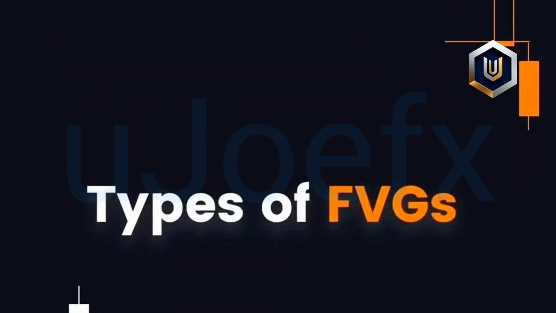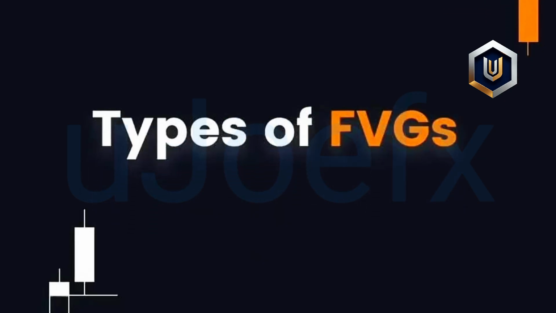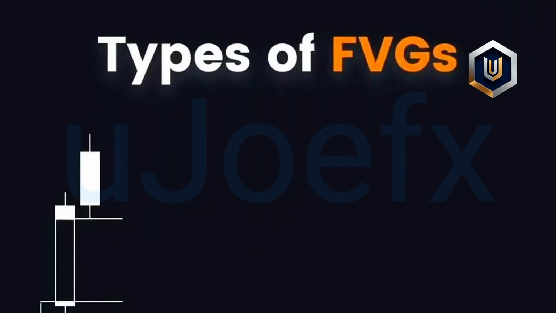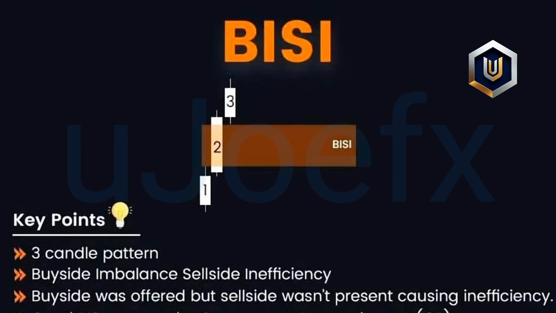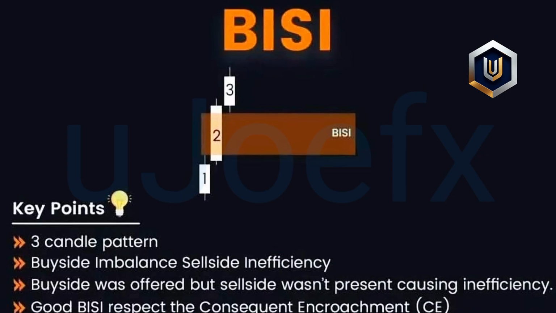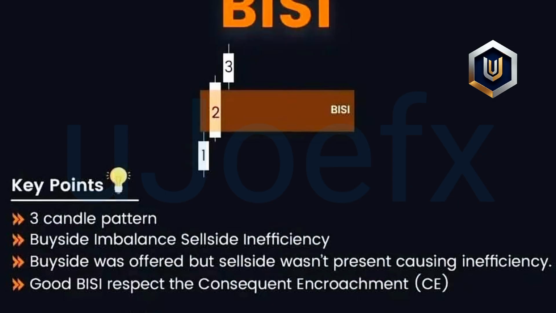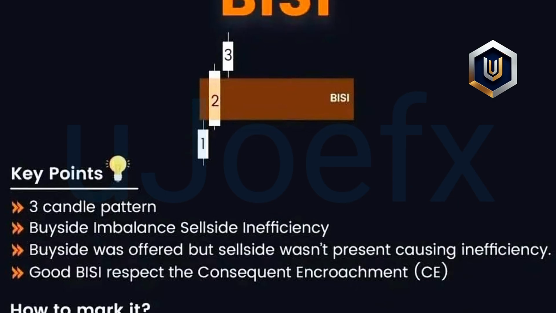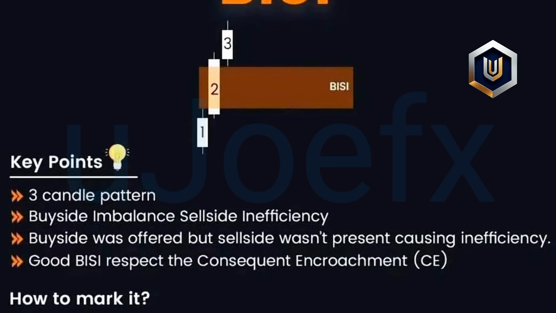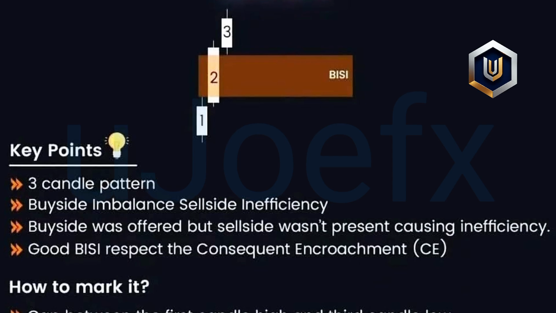Now when we talk about types of fair value gap, it is very important for us to understand the different types. One of them is BC. This is a fair value gap that involves three candle patterns, as you can see right here. We have the buy side imbalance, sell side inefficiency.